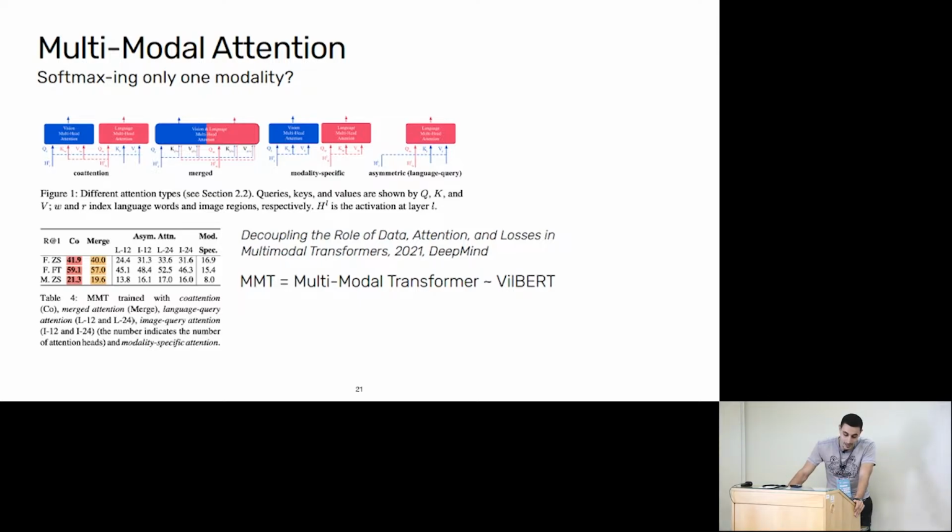So in the left bottom corner, there's this table that showcases how co-attention often performs a couple of points better than the merge attention, which is not making that much sense. It would obviously be computationally more efficient to only attend part, but getting higher accuracy in the meantime is a bit weird.